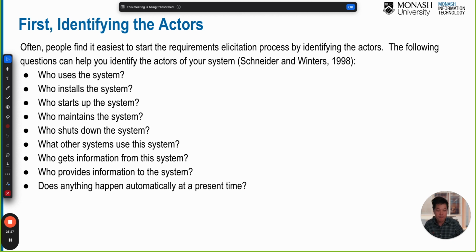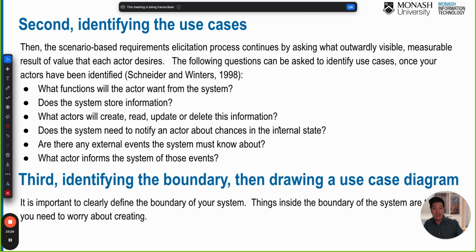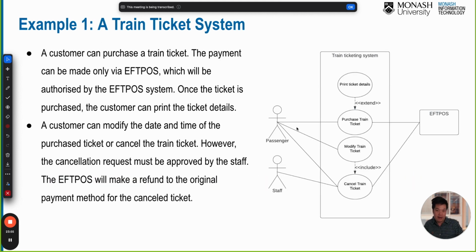Once you know the actors, then you identify the use cases, that is, the activities or functions that the actor will perform with the system. You identify the actors, you identify the use cases, and then you identify and draw the boundary, and draw the use case diagram after that. These are the three key steps to draw the use case diagram.